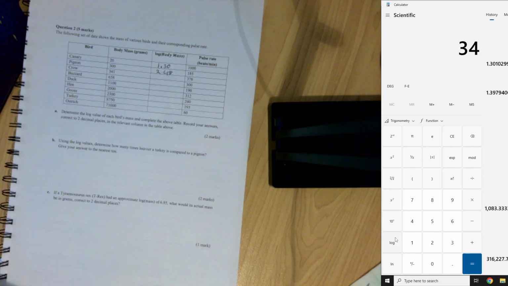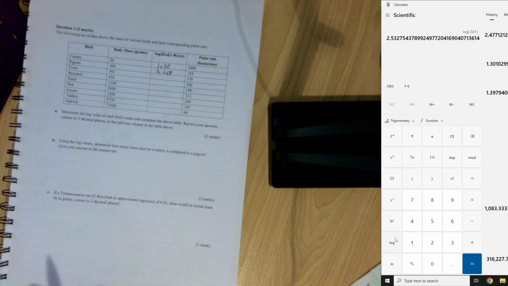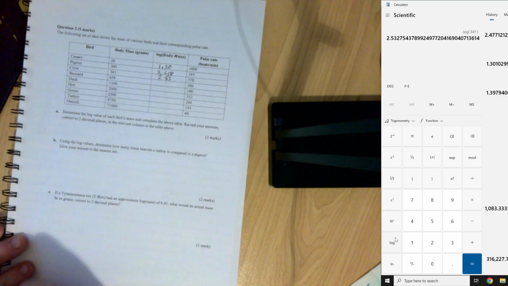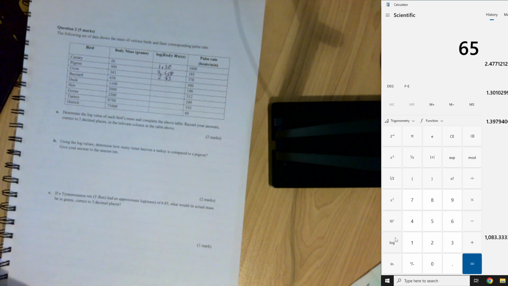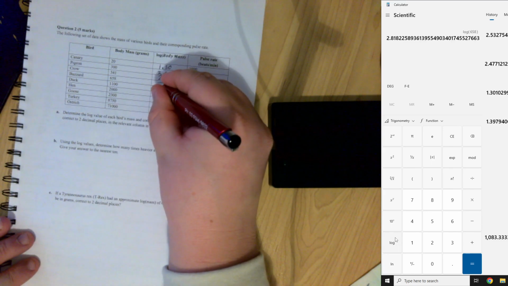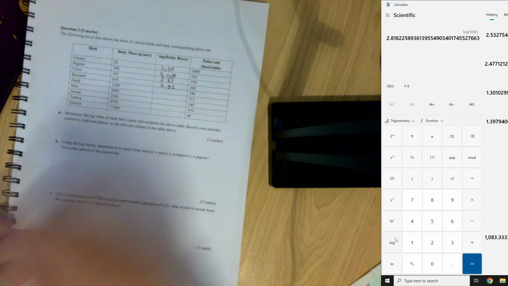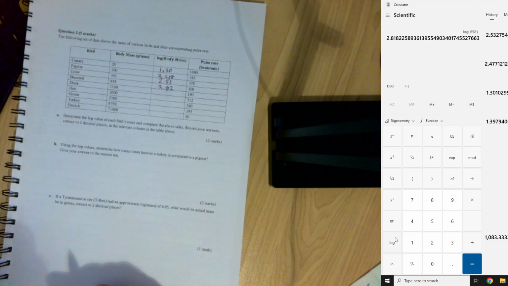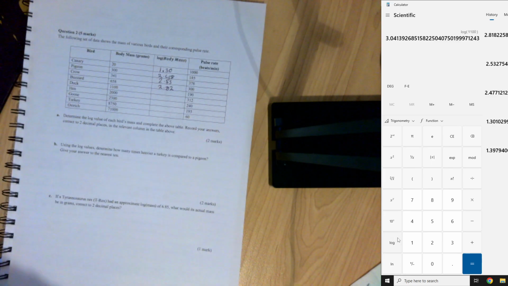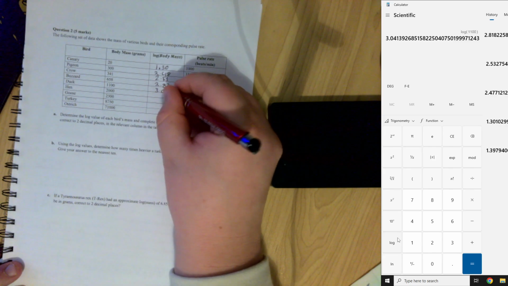Crow is 341, 2.53. Buzzard is 658, log 2.82, rounding up. 1100, log 3.04.